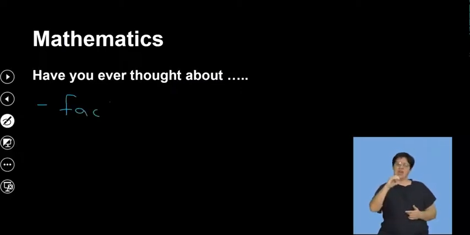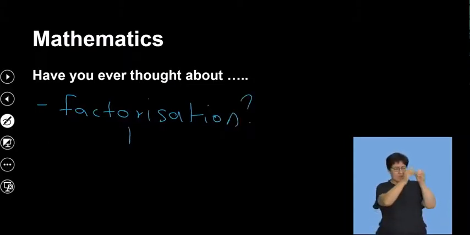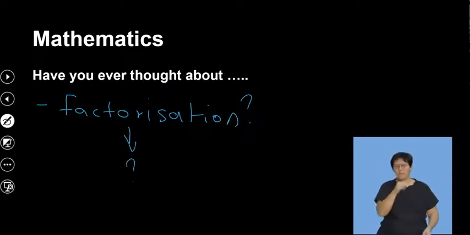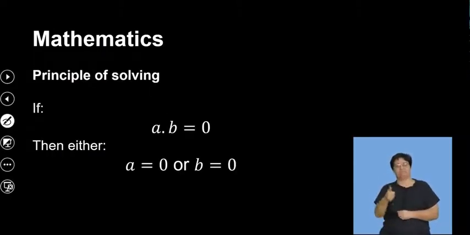And if something cannot be factorized, what then? That's what you need to think about, because that's the main thing that we are doing when we talk about quadratic equations. Our keywords will be quadratic equation and also factorize, because really that's the main question that they normally use under quadratic equations.